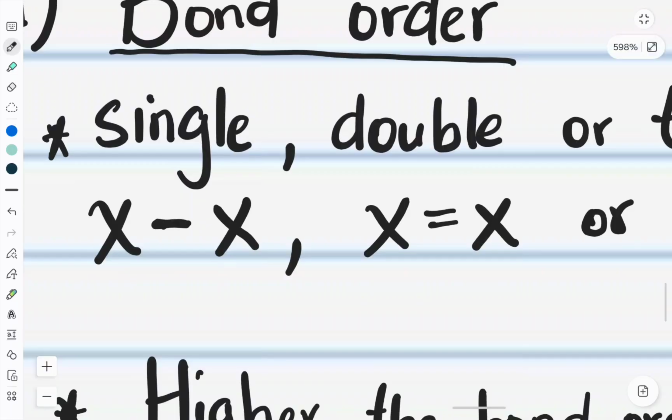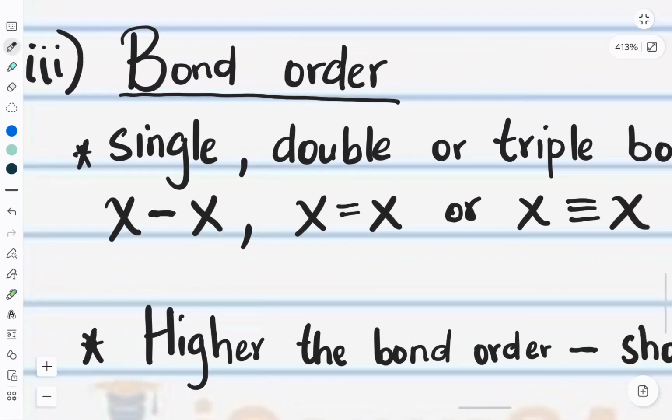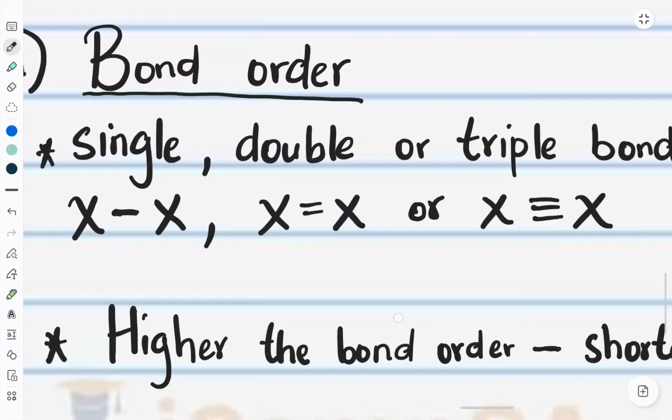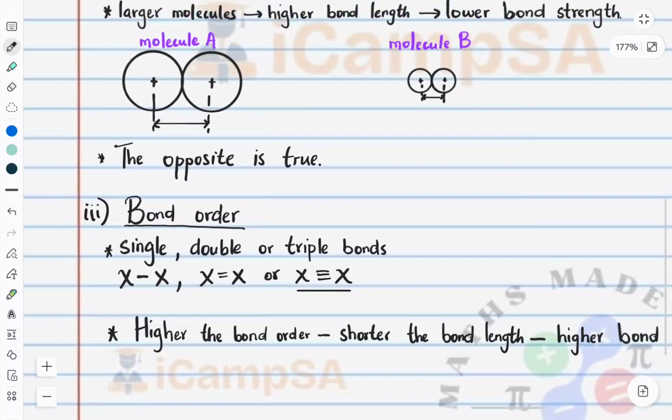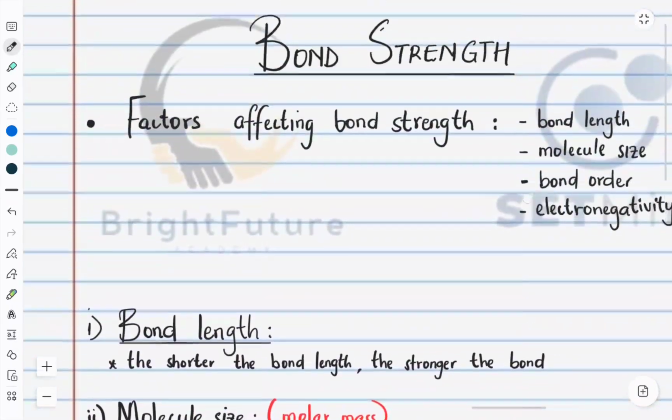When this is just a single bond, yes, the bond will be strong depending on other factors, but when we're just talking about bond order alone, it will be weaker compared to a higher bond order, which would be a triple bond. So in essence, a triple bond will mostly be stronger than a single bond, right? So that's how it affects the bond strength.